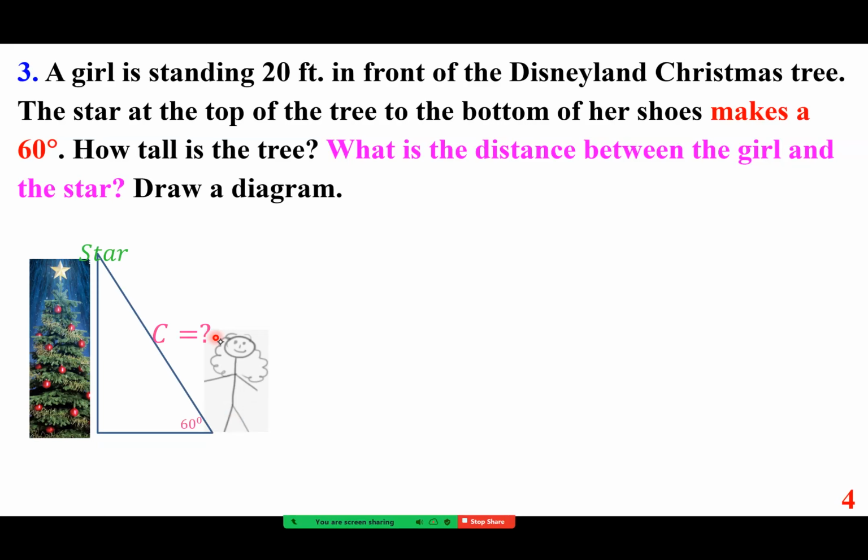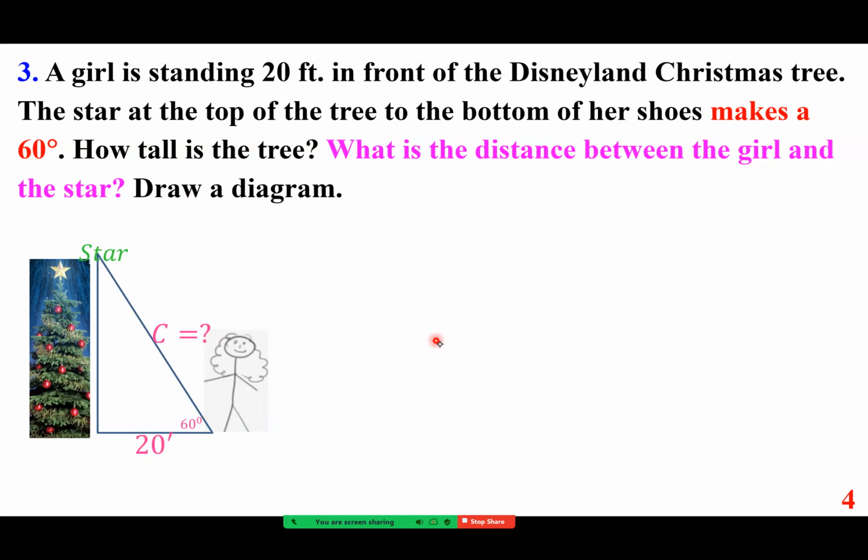This is 60 degrees. This is 20 feet. So everything that is given here is put here. From the question, you should be able to come up with this. And without this, it's impossible to answer this.